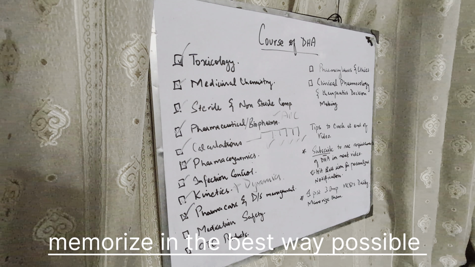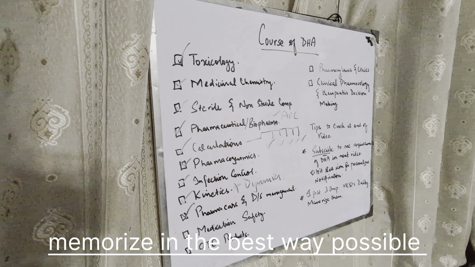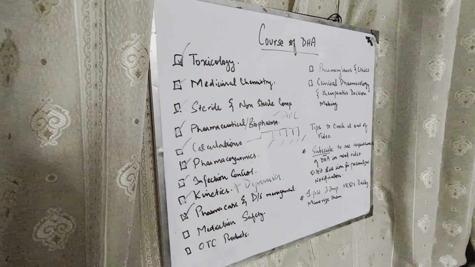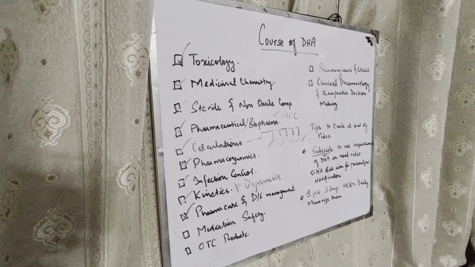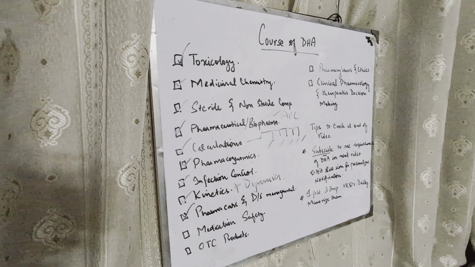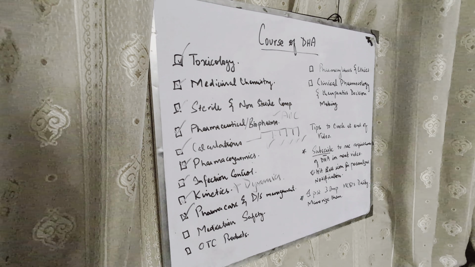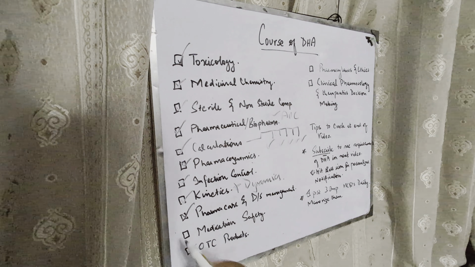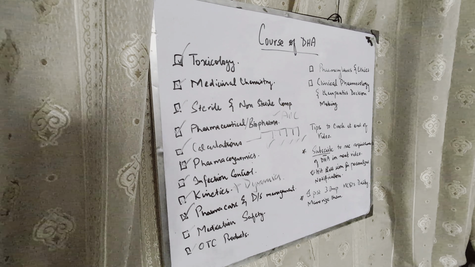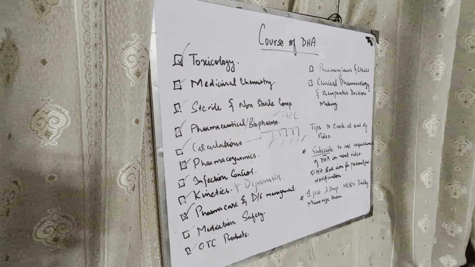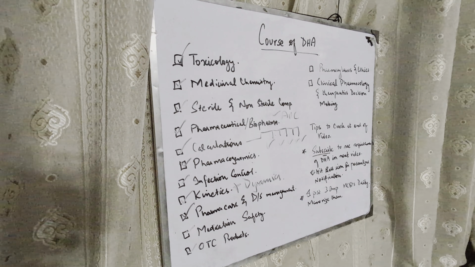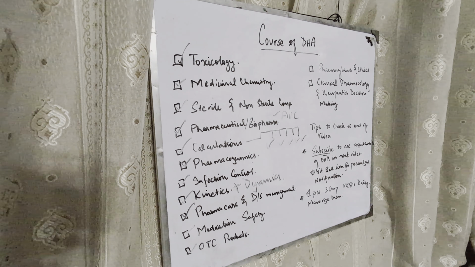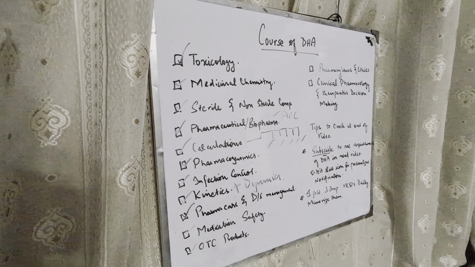So if you don't know which OTC products can cause these kinds of side effects and toxicological effects, you have to make sure that OTC products are always remembered, along with medication and the policies that are very important to make sure that OTC products are not being misused. These are very important as well.